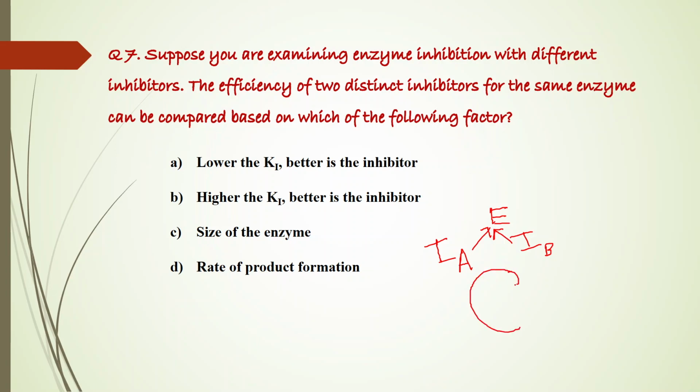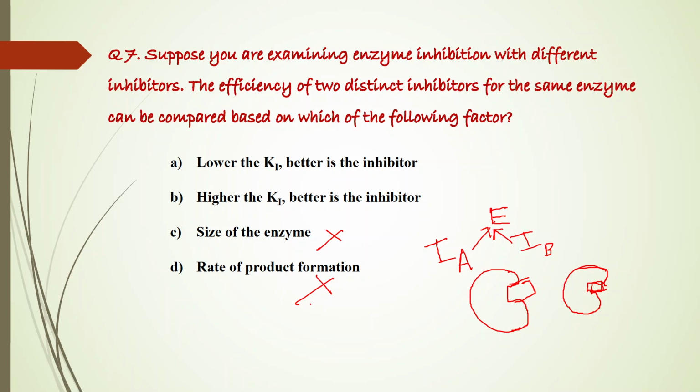Say our cavity looks something like this, and one enzyme is this size and another is this size. It does not matter, as long as the inhibitor comes and fits in the catalytic site, it can inhibit the overall reaction. So that option is irrelevant. Rate of product formation is nowhere relevant because you are dealing with enzyme and inhibitor, and the enzyme-inhibitor complex never leads to the formation of product. So this option is again irrelevant.